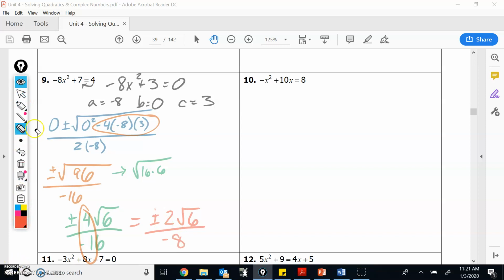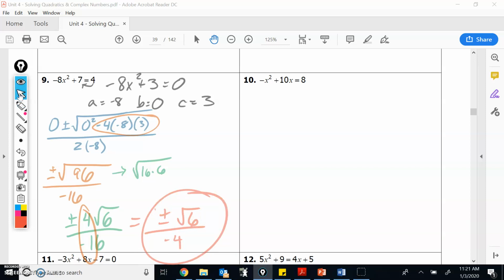And continuing to divide by 2, you could have actually just divided this by 4 and been smarter than me to get 1 on the top. You don't even have to write 1 on the top. So it's just going to be plus minus square root 6, and the bottom becomes negative 4.